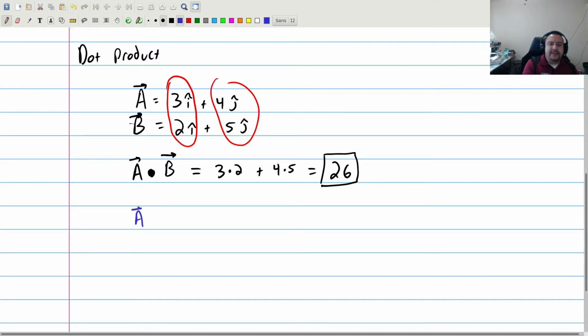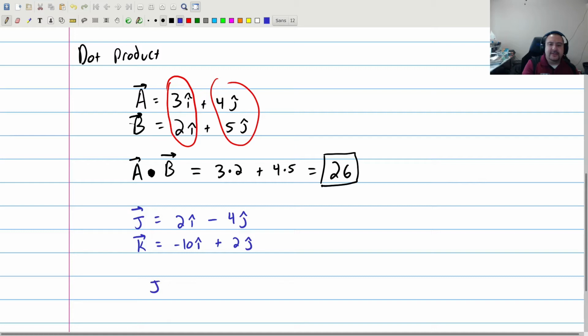Let's not use A, let's use J vector, capital J, equal to 2i hat minus 4j hat. And let's make K vector, capital K, equal to negative 10i hat plus 2j hat.